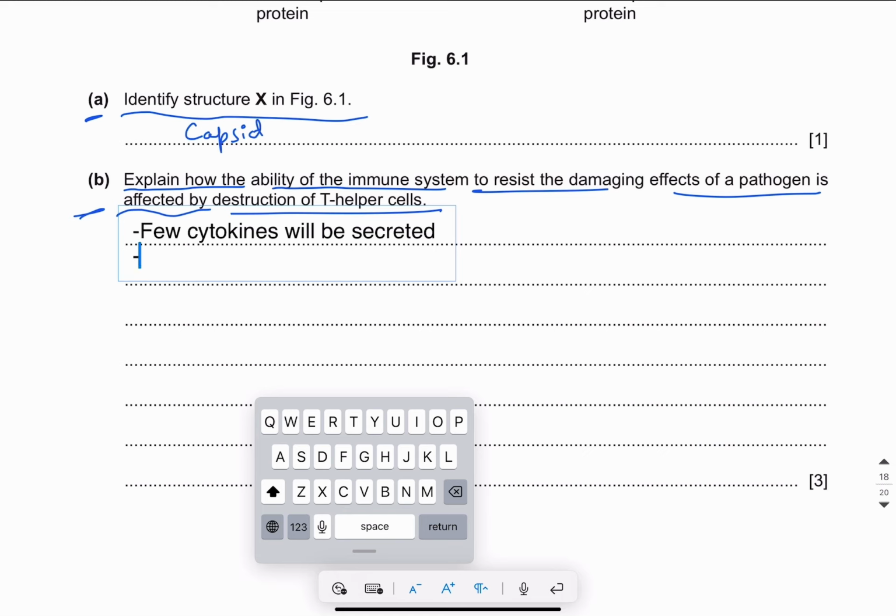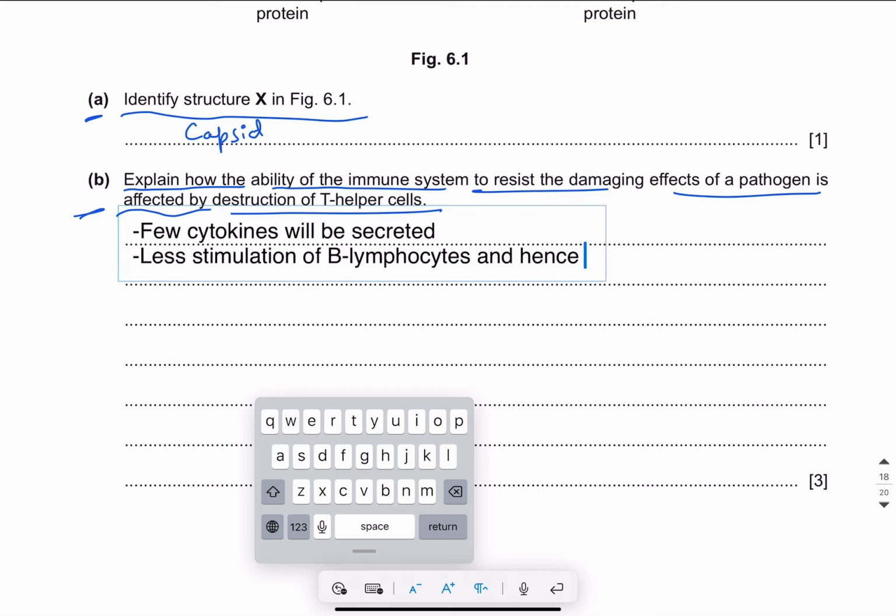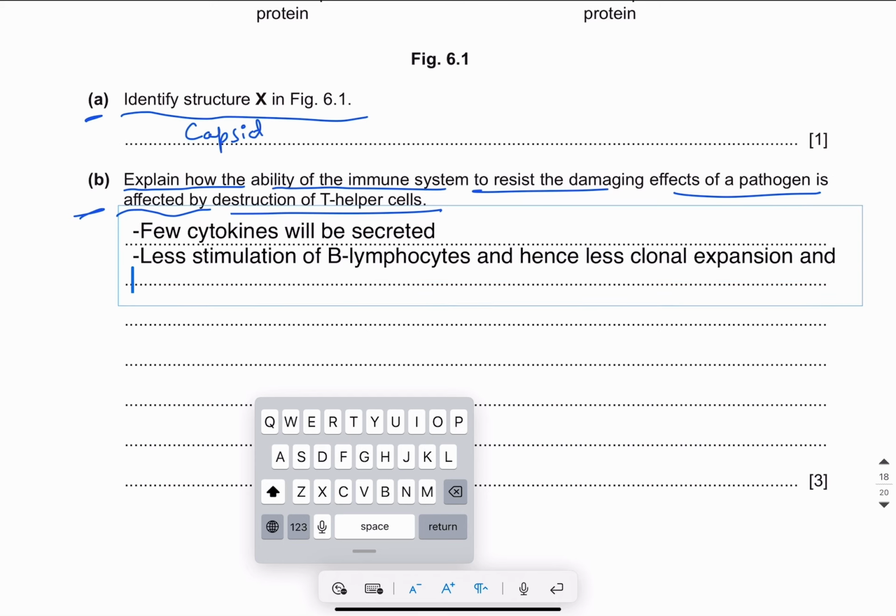All right, so fewer cytokines will be secreted, less stimulation of B lymphocytes, and hence less clonal expansion, and fewer plasma cells.